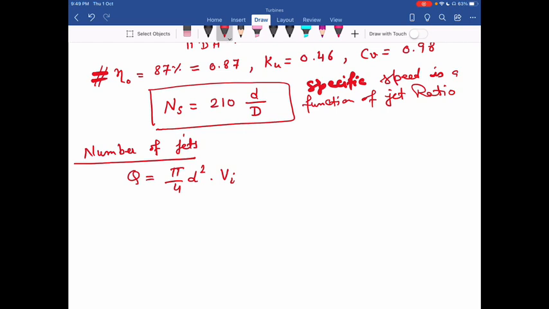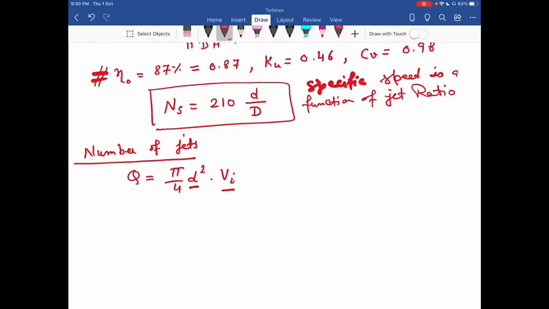If I want to increase the discharge, I have to increase D as well as Vi. But when I proceed further, I see that the values of these two factors for a given value of head and discharge are limited. We have a given value of discharge available in the reservoir. We have a fixed value of head.